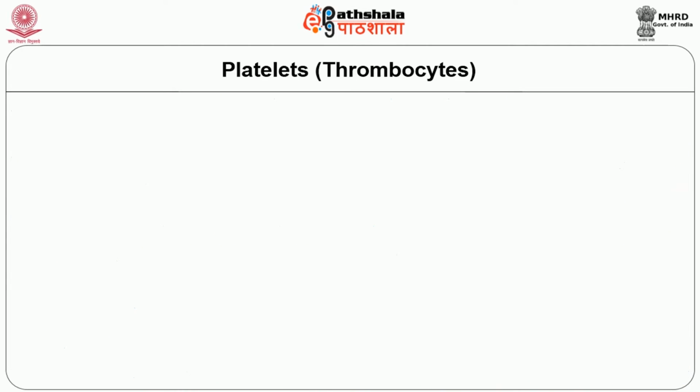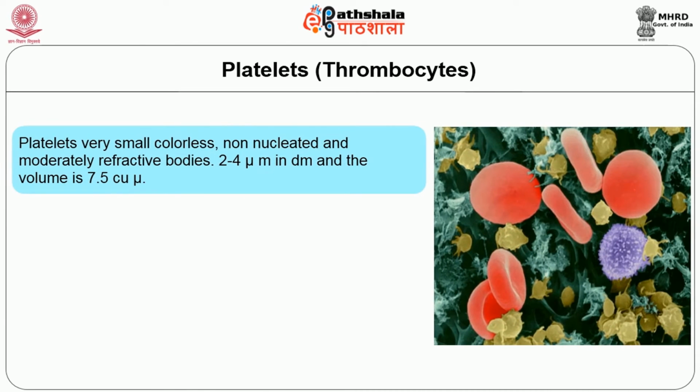Now coming to the third cellular component, they are the platelets or the thrombocytes. Platelets are very small, colorless, non-nucleated and moderately refractive bodies. They are 2 to 4 micrometers in diameter and the volume is 7.5 cubic microns.